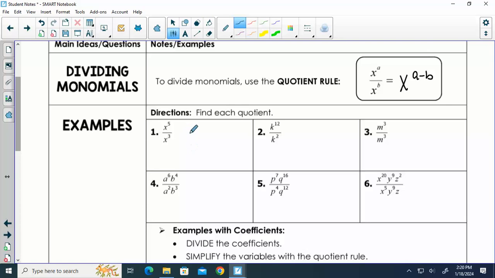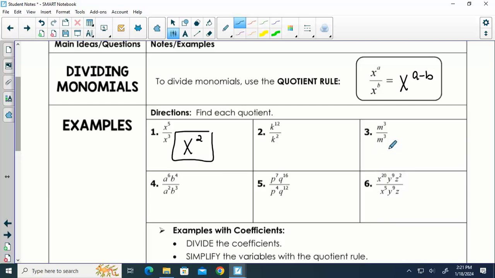Right, so number 1, x to the 5th divided by x to the 3rd. What would that be? X to the 2nd. 5 minus 3 is 2. If I go to, let's go to number 3. M to the 3rd divided by m to the 3rd.